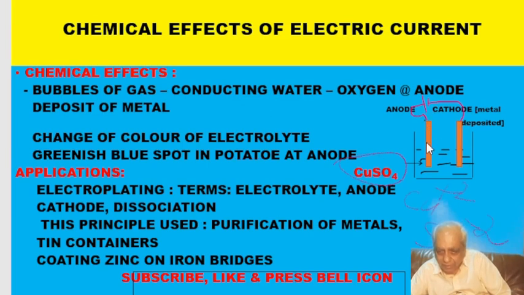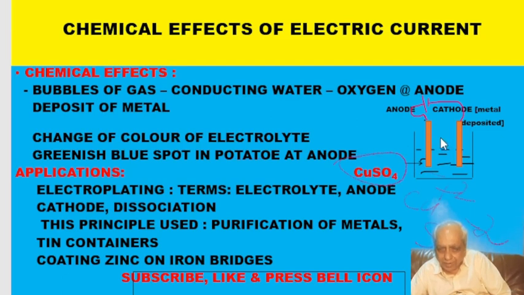And when 2 electrons are lost, one copper atom will lose 2 electrons and form a copper ion. So from the anode, copper ions will go into the solution, and at the cathode, copper ion will form copper metal. So this will be the reaction, and copper sulfate will remain as it is.